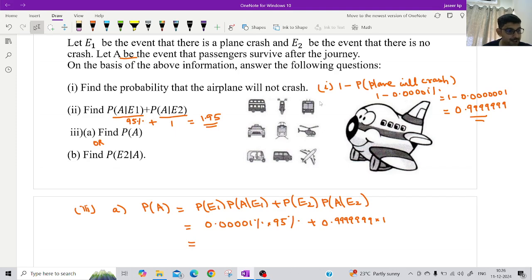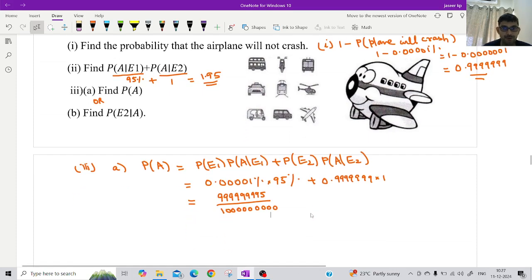So if the simplification is done for this one, the answer is coming as 999. So this will be the answer for this particular question. It's slightly higher numbers, so please do verify the calculations.